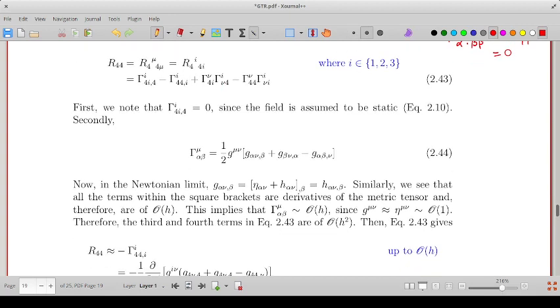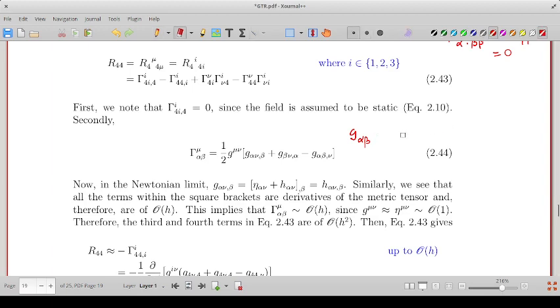To identify those terms, we first note that the Christoffel symbols gamma mu alpha beta are given by this expression: half g mu nu, g alpha nu comma beta plus g beta nu comma alpha minus g alpha beta comma nu. Then in the Newtonian limit, this metric tensor g alpha beta can be written as eta alpha beta plus h alpha beta.